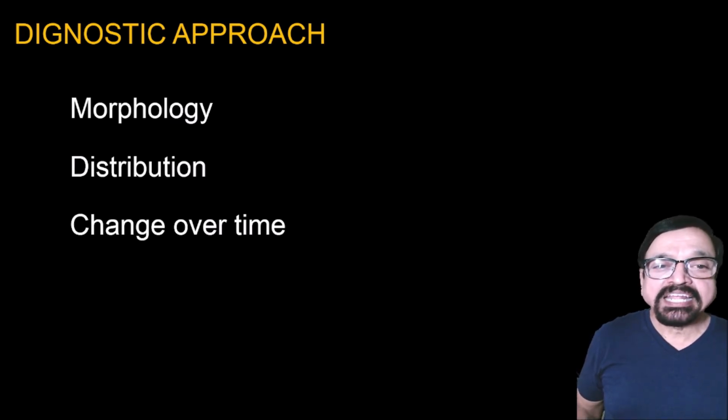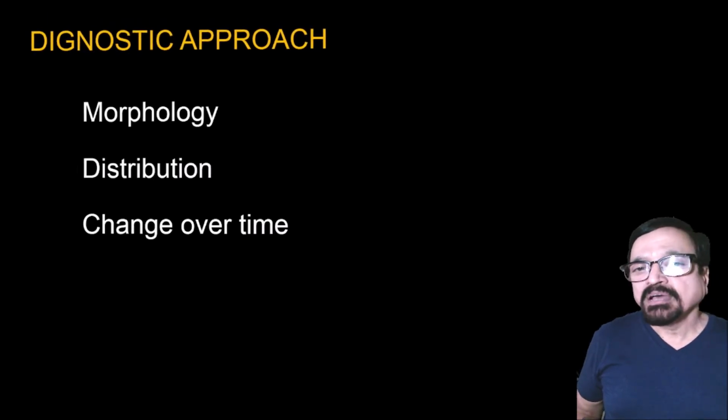So, detection of malignancy starts first with a good technique of taking the mammogram, second with detection of calcification by the radiologist, and third, ultimately, by a pathologist to prove it. Now, what is the diagnostic approach? It is the morphology, distribution, and change over time.